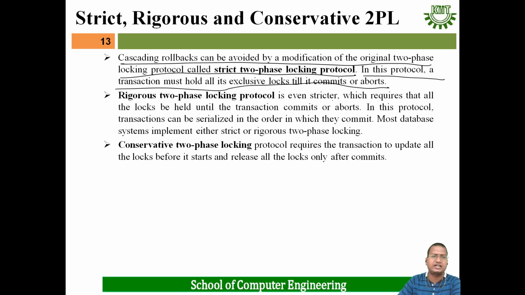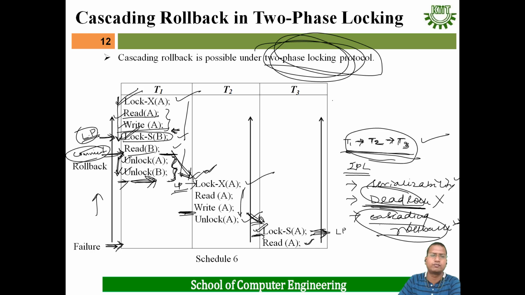In this protocol, a transaction must hold all its exclusive locks till it commits or aborts. That means strict two-phase locking protocol says that whenever a transaction applies an exclusive lock, here it has applied an exclusive lock on A, and here a read lock on B. It is not talking about the read lock, it is talking about the exclusive lock on A. Then it will release the lock.